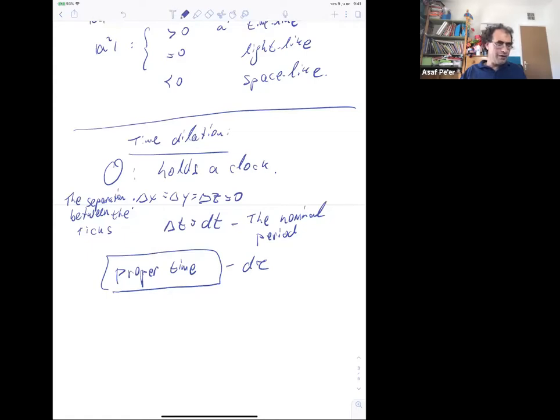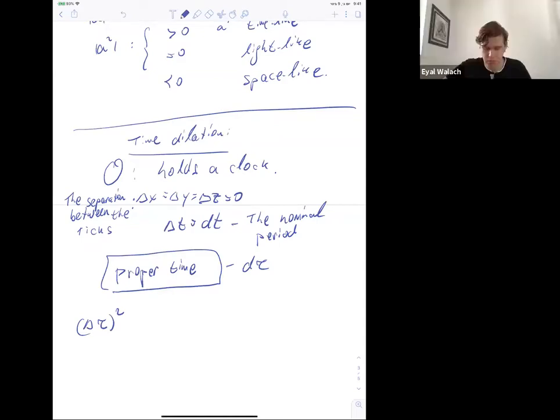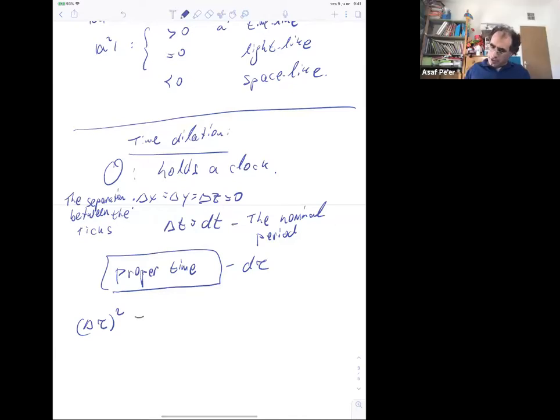Now remember the definition of the interval, which we had above. So we can write down delta tau squared. I just want to make sure I haven't mixed the signs. No, I have not, I hope. This is just the interval divided by c. I'm still putting the c just to avoid confusion, but as you know, in natural units c is equal to 1.